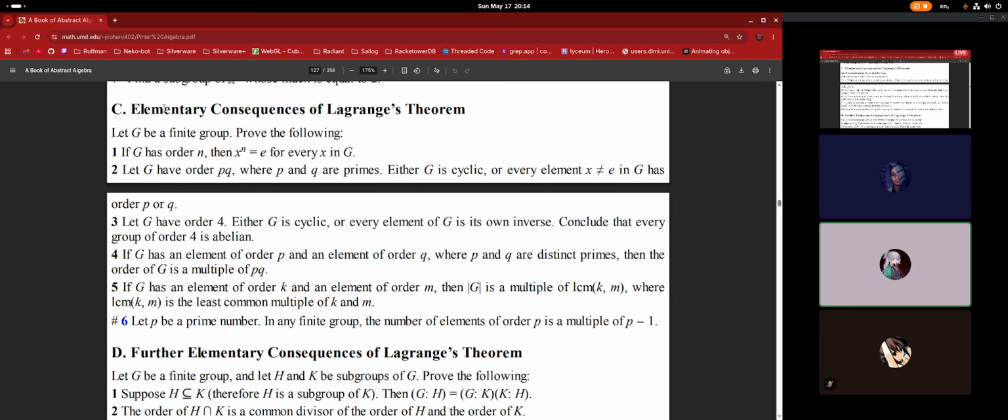The case where every element is its own inverse... let's just start by asking why there's no third option. G has order 4, right? Yes.